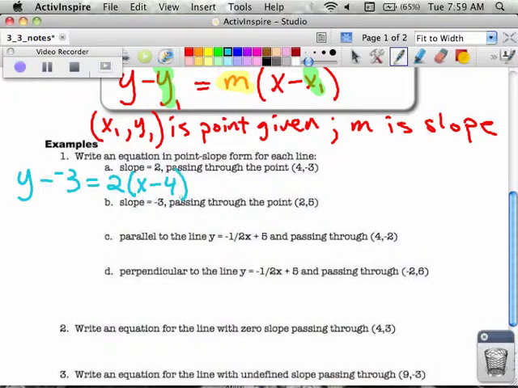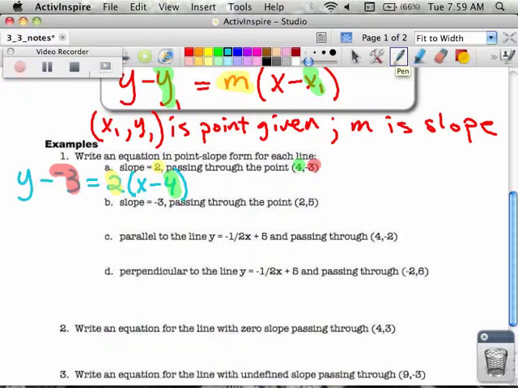And you will see, if you're looking, that the negative 3 came from the y value in the point. The 2 was the slope that they gave me, and the 4 was the x value that they gave me. So I just plug it in.